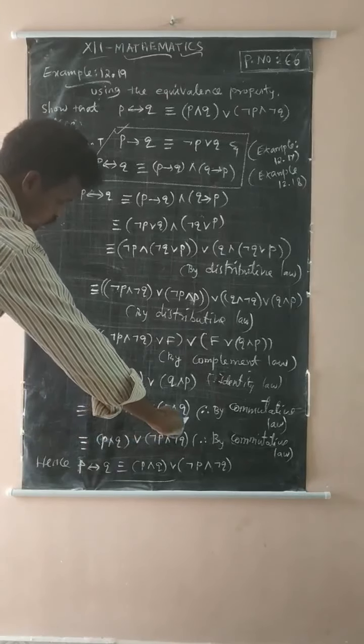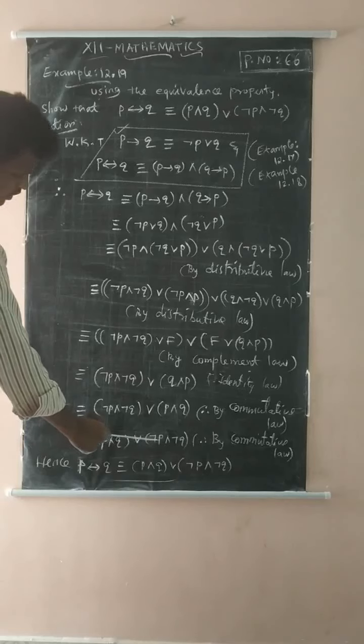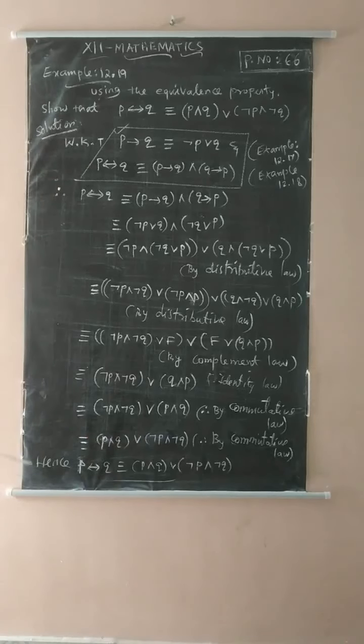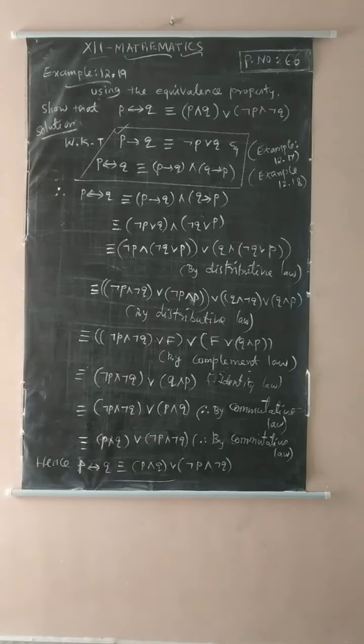This term goes to the right side, and this term goes to the left side. So P and Q, or negation P and negation Q, which is the right side part. Hence, P biconditional to Q is equivalent to P and Q or negation P and negation Q, which is example 19, students.